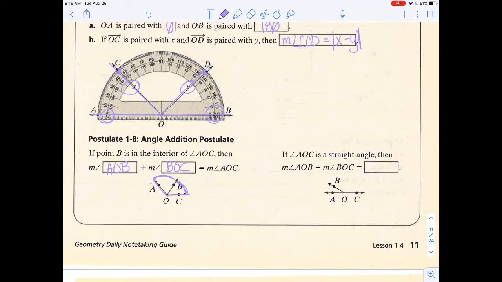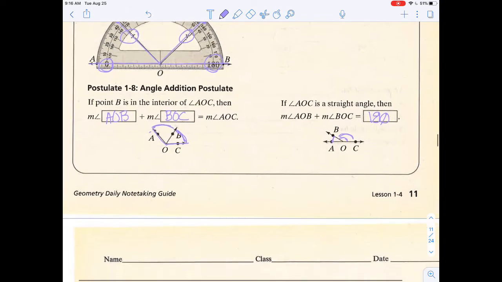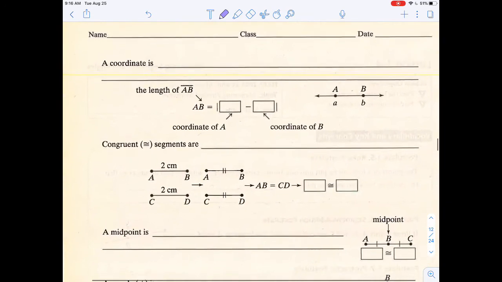It says if AOC is a straight angle, then AOB plus BOC, like here, it's a straight angle, it adds up to 180 degrees. A lot of new postulates, but all things that we kind of knew were true, we just didn't know why. Now we have a better understanding of why.